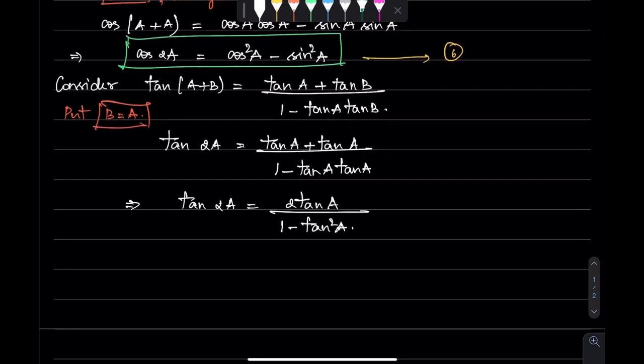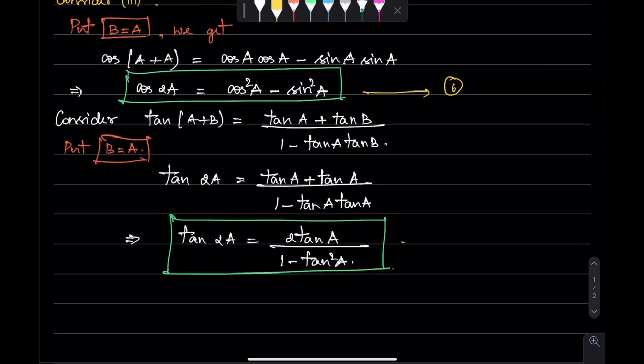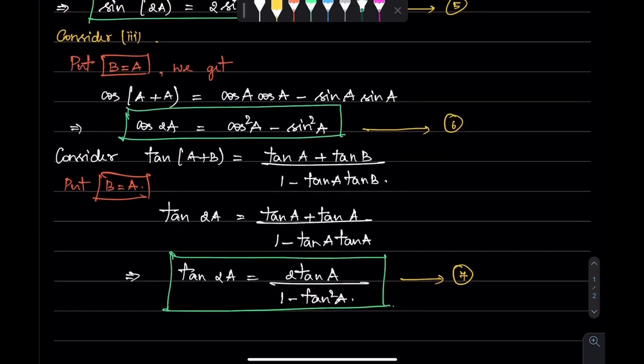So this is the other result. What we have got so far is the results for sine 2a, cos 2a and tan 2a. From this we are going to derive more results.